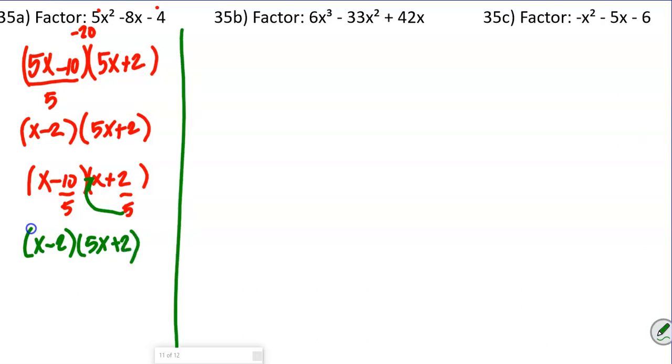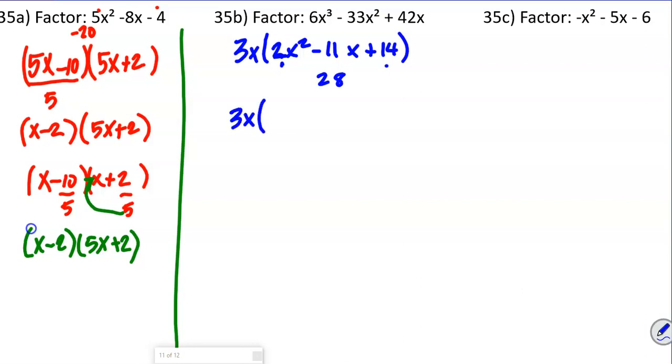All right, so the next one, I think this one has a GCF of 3, y'all. I think all of those numbers are divisible by 3, so I'm going to factor that. And actually, all of them have an x as well, so I'm going to factor out a 3x first. That's going to give me 2x squared minus 11x plus 14. Now we want to look at multiplying 2 times 14. That's 28, right? So we're going to look for the factors of 28 again.